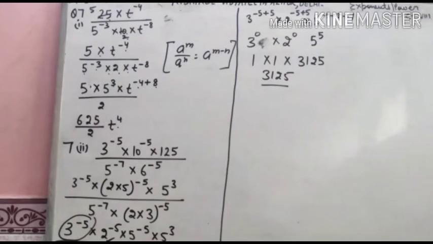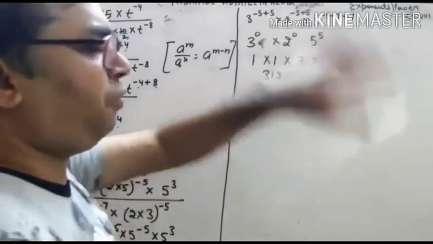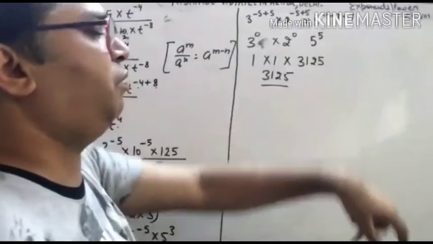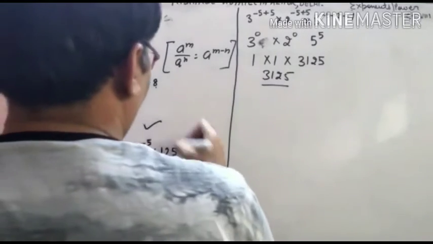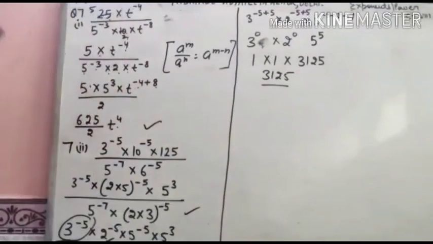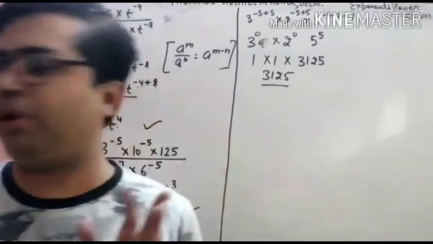When we expand it, because we have to simplify it, the answer will be 5 raised to power 5, which means 5 into 5 into 5 into 5 into 5: 25, 125, 625, 3125. In this way we will attempt these two questions, students.